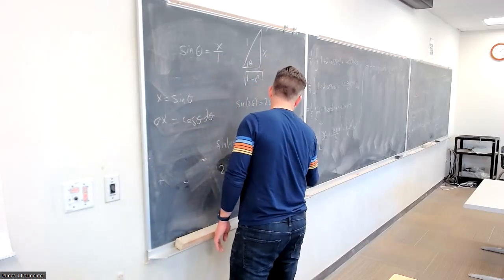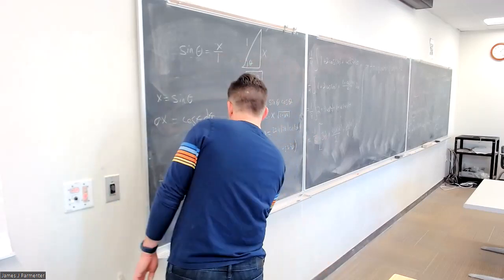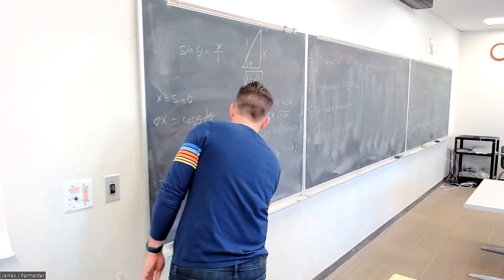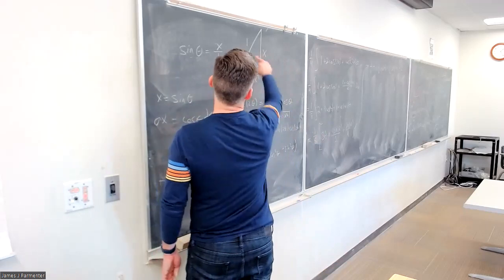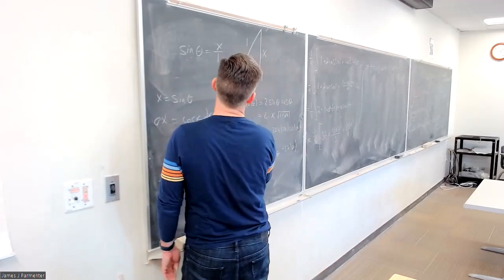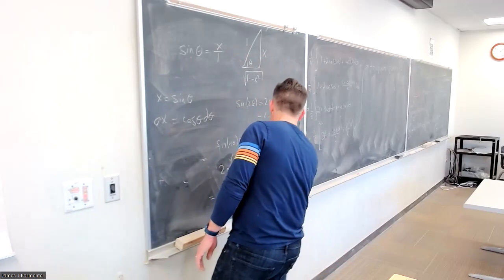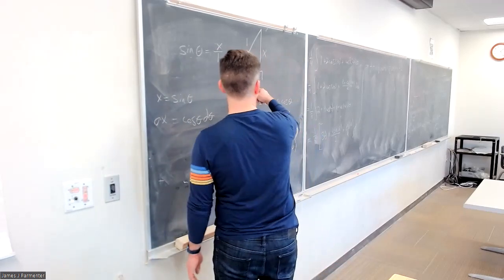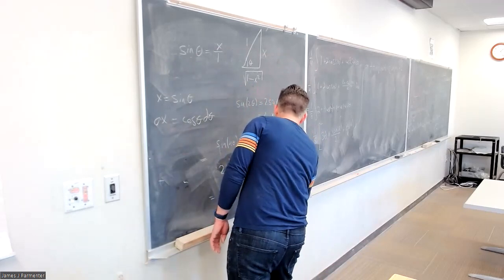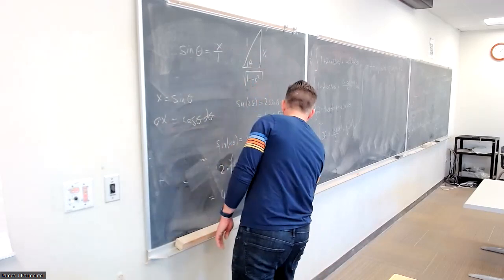There are other versions of this, that's the first version I can show. So we get 4 times sine of theta, which is x, cosine of theta, which is the square root of 1 minus x squared, and then cosine squared, which is 1 minus x squared, and sine squared, which is x squared.